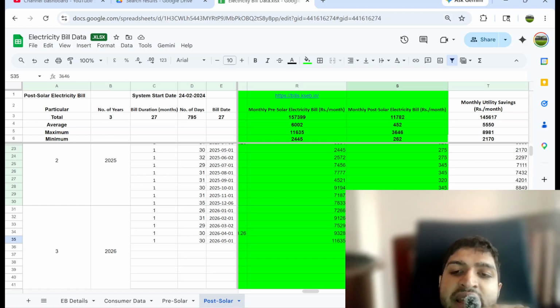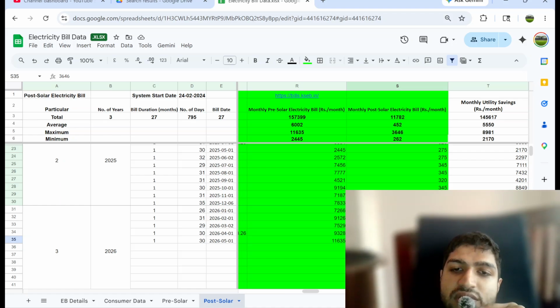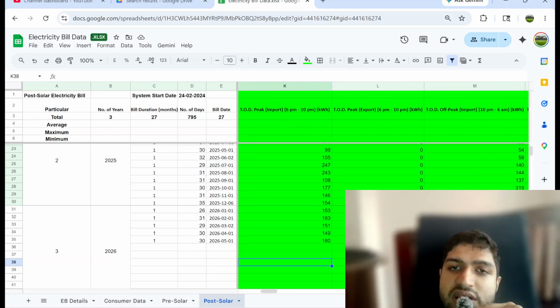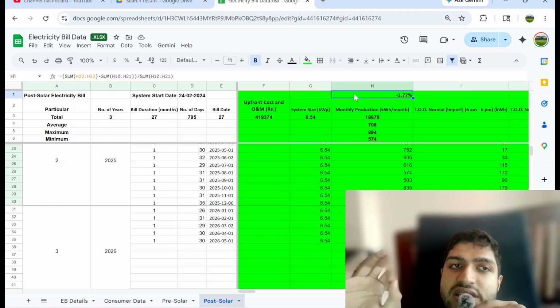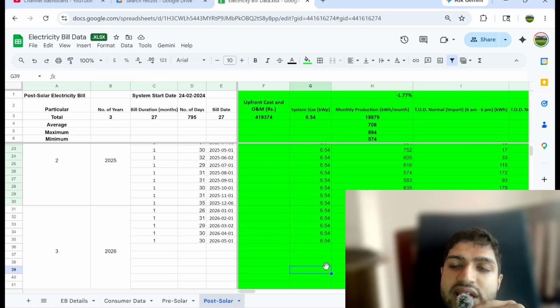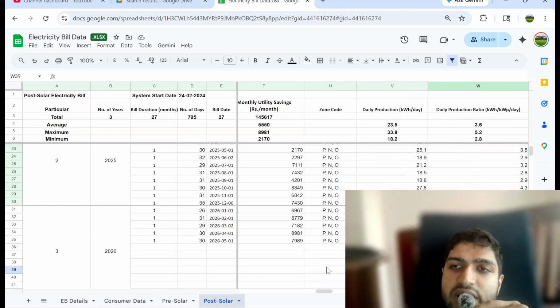As you can see, from last month onwards, I have an excess amount of solar because the consumption has increased. During my first year to second year, my production has decreased by 1.77%. This is generally expected from a solar panel; the production will deteriorate.